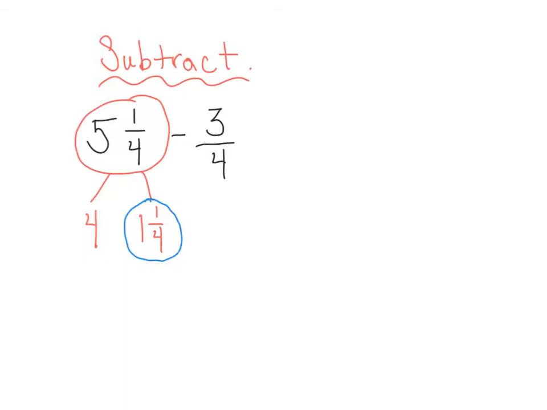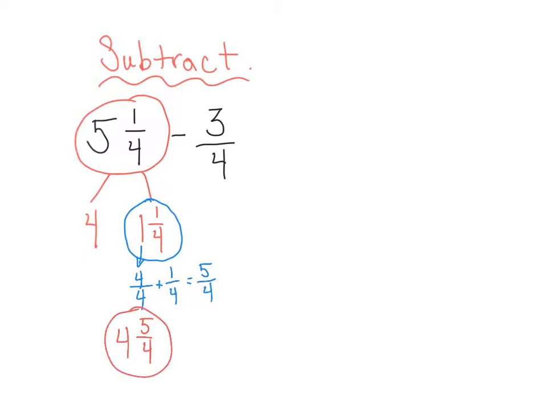Well, it would look like 4/4, but we still have that fraction attached to it, which would be 1/4. So adding these two fractions up, we get 5/4. So our new mixed number here is going to be 4 5/4, right?